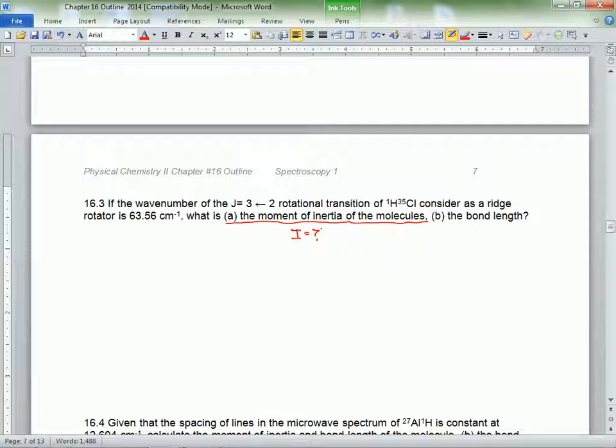Now, page 464 has a lot of stuff on it. There's all of our I's. You see the equation for it? I is, yeah, the very top one. I is mu r squared, the product over the sum of the masses times r squared.